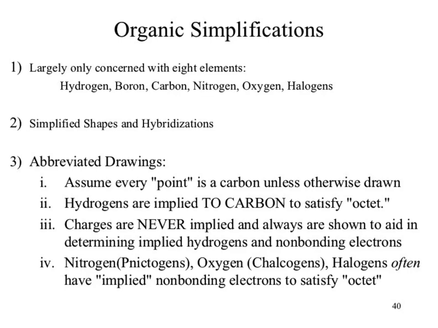Does that mean they're always implied? No. Right? I can show all the hydrogens if I want, but if I want to abbreviate, hydrogens will be implied, and only to carbon, not to any other atom. Right? And so they will be implied up to the octet for carbon.